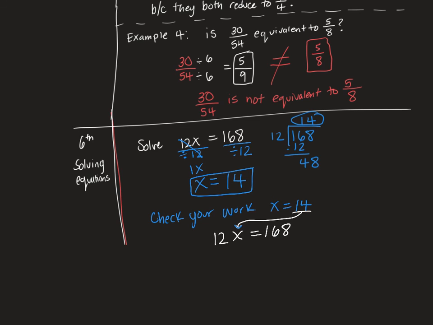So now you have 12 times 14 equals 168. 12 times 14 is 168. Yay, you found the right answer. That's how you check your work. You go back and plug it in and see if it's a true statement.